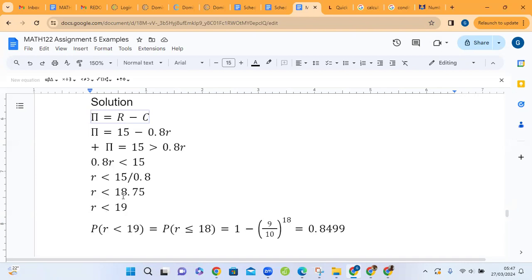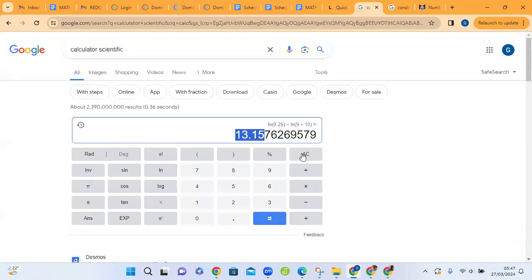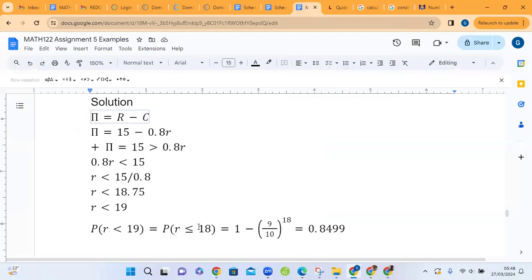It will be small, but they will still make a profit because 18 times 0.8 is 14.4, which is less than 15. Okay, we can actually prove it. So really and truly, any value less than 19 would make a profit. Less than or equal to 18 is the same thereof.